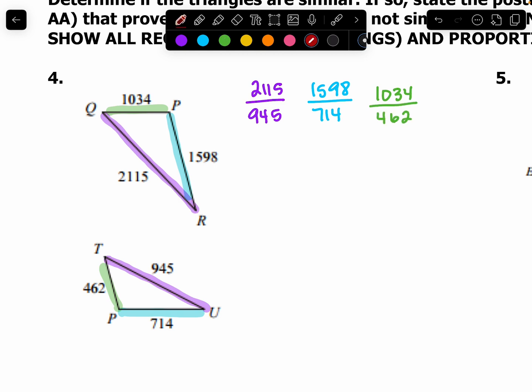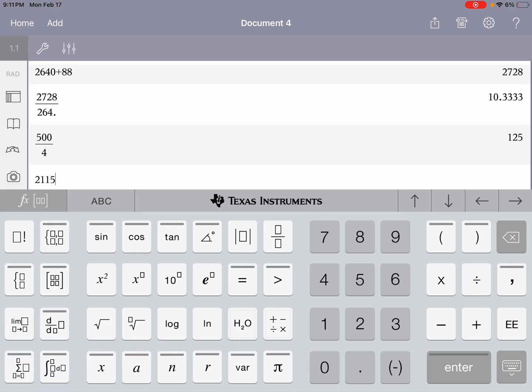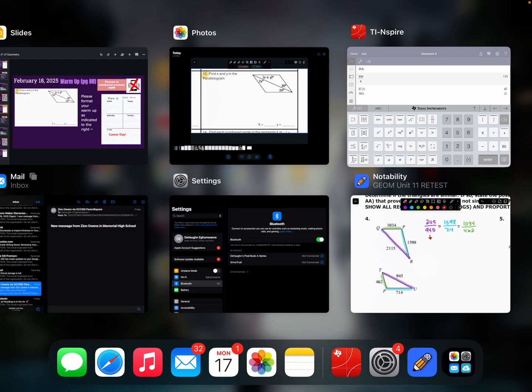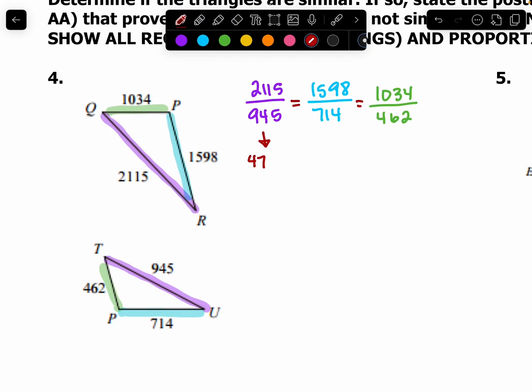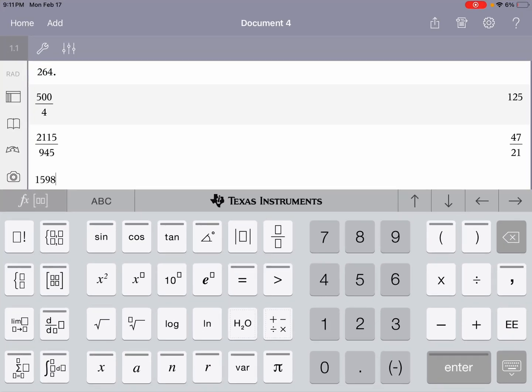And then we're going to see, are they equal or not? So 47 over 21 for the first one. Okay, so far so good.